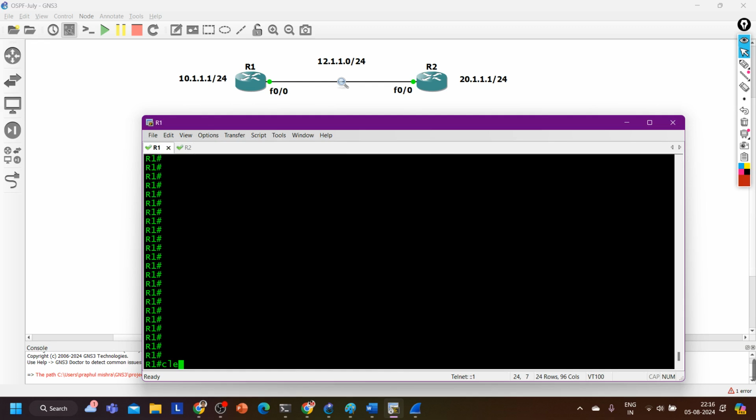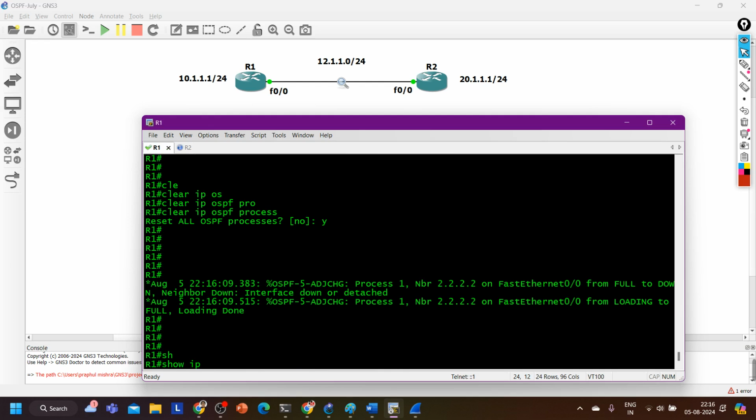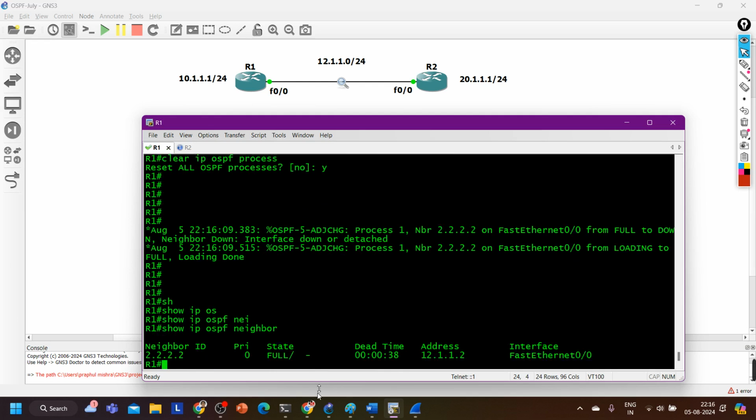So what we can do to verify it, simply say clear ip ospf process and say yes. Now it will break the neighborship, and show ip ospf neighbor, you can see the neighbor is in full state, right? Earlier it was taking time.